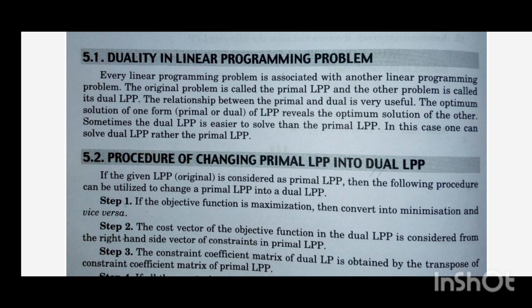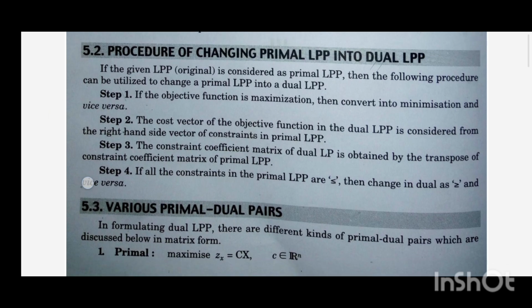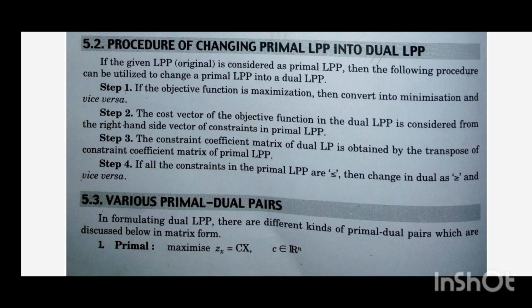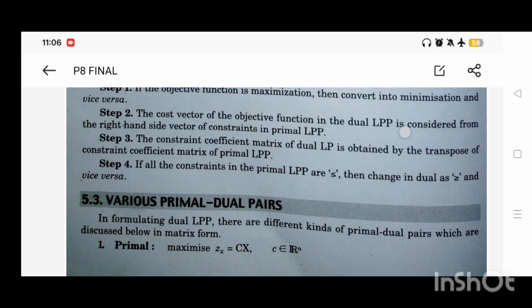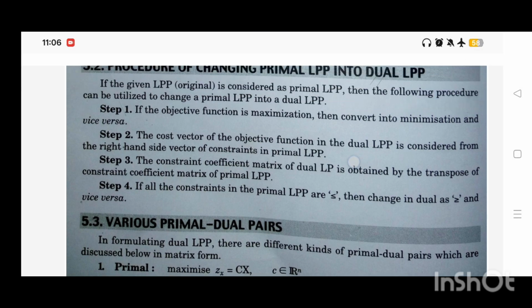Sometimes the dual LPP is easier to solve than the primal LPP. In this case, one can solve the dual LPP rather than the primal LPP. Procedure of changing the primal LPP into dual LPP. Step number 1.